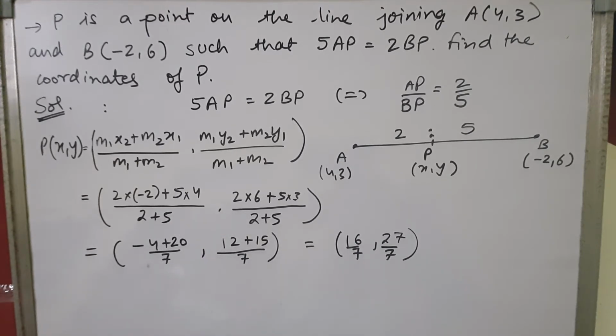For y, 2 into 6 is 12 plus 5 is 15 upon 7. On simplifying, we'll get the coordinates of P as 16 upon 7 comma 27 upon 7. Alright, please note down.